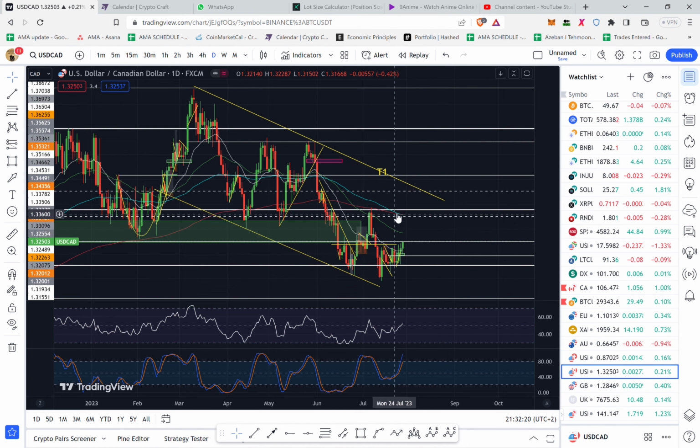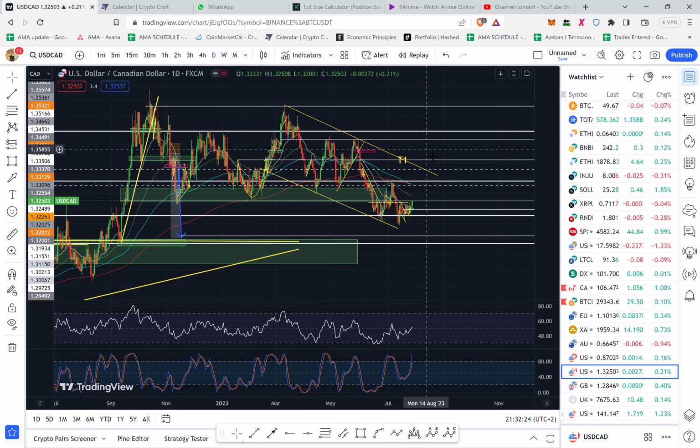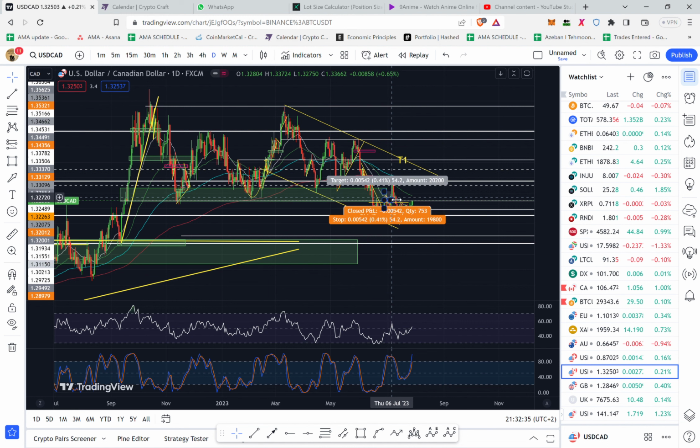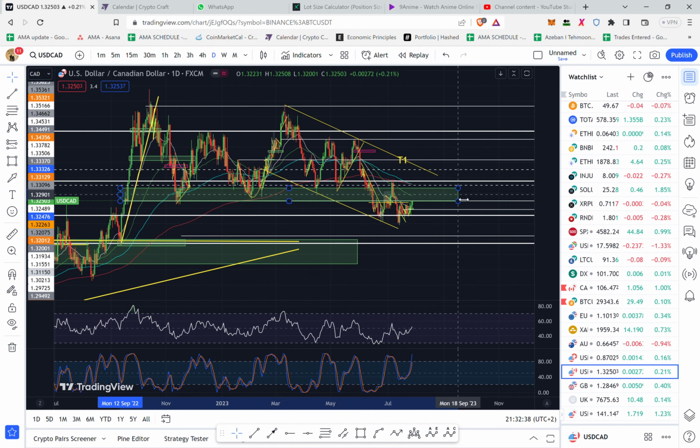I'm expecting USDCAD to break above this trend line as well, and head to this daily high at this range. So we have a range right here, and we have a range at the top.